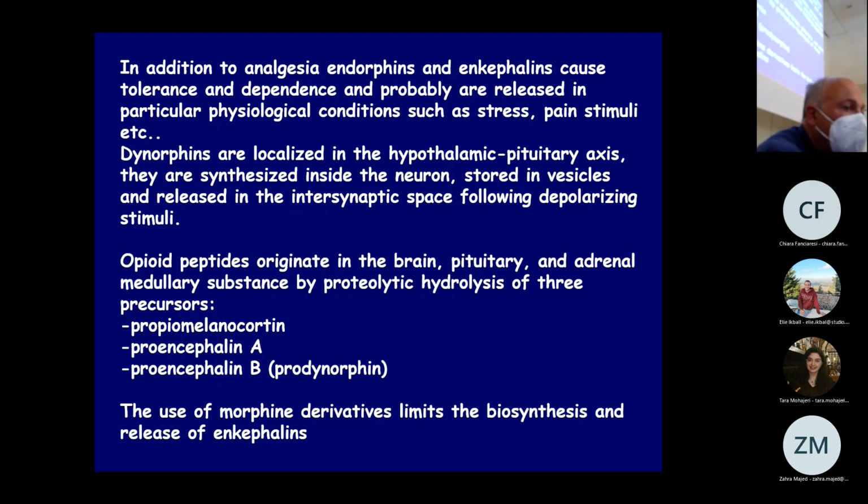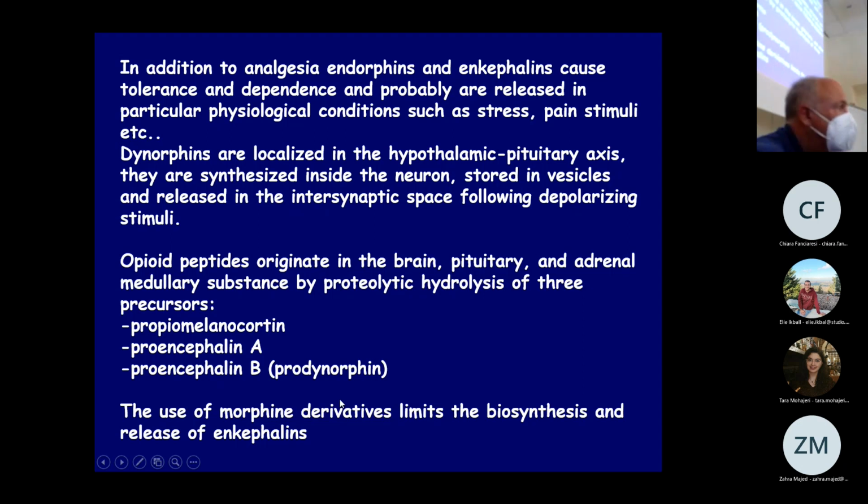So this means that when you stop the assumption of morphine, you have a hyperalgesia because you have no more endogenous enkephalins. This is an important point.